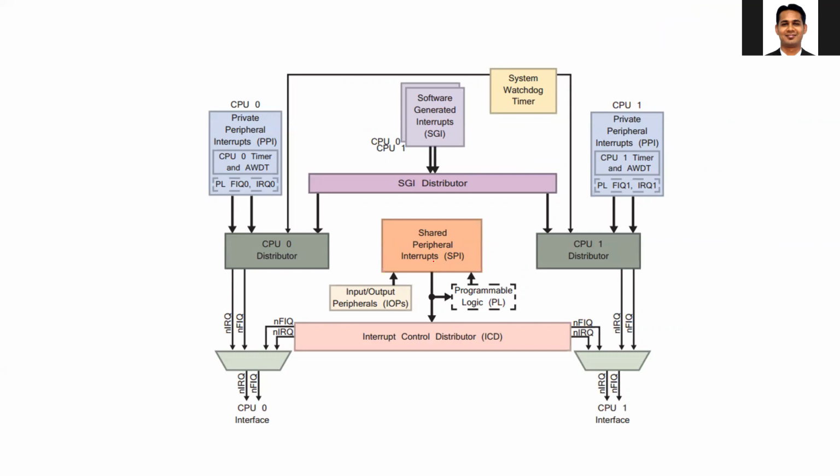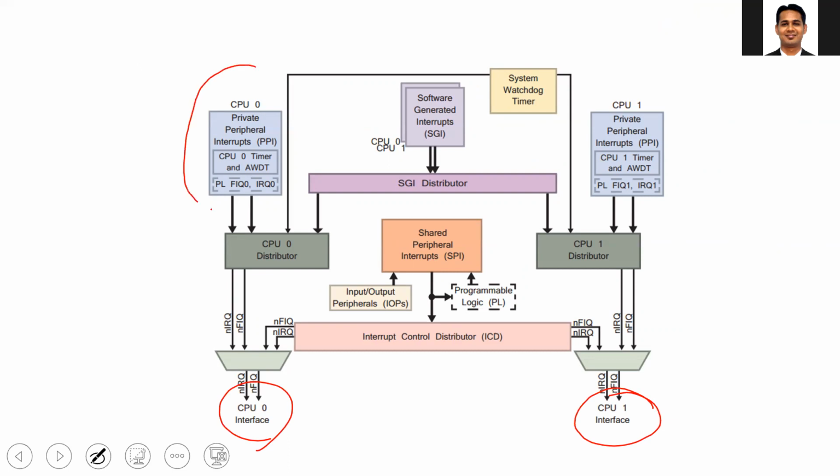So this is just the same representation of the previous figure. You can see that for each core you have the FIQ and IRQ inputs. Then from CPU 0, you have the private peripheral interrupts. You can see that these are the internal timers, watchdog timer, and the FIQ and IRQ interrupts coming directly from the PL.